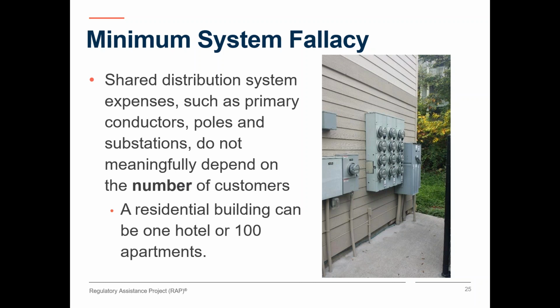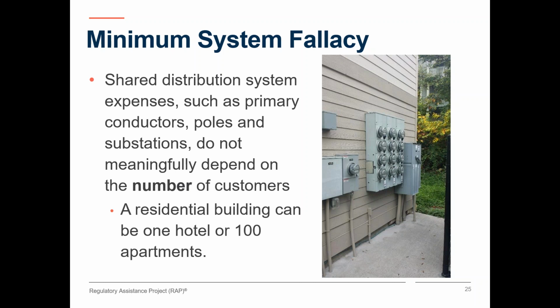A building could be a large hotel with a single meter, or an apartment building with separate meters for each unit, or an office building with multiple tenants and multiple meters. In any case, the utility provides only a single service connection, provides, as we saw before, a block of transformers or one large transformer.